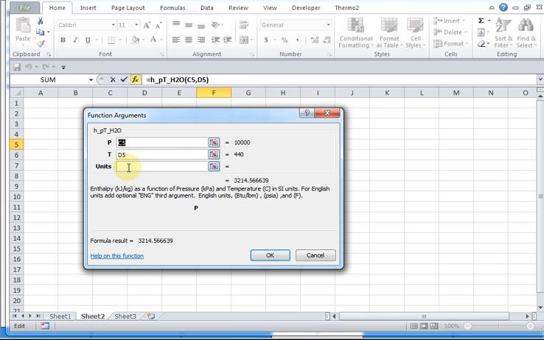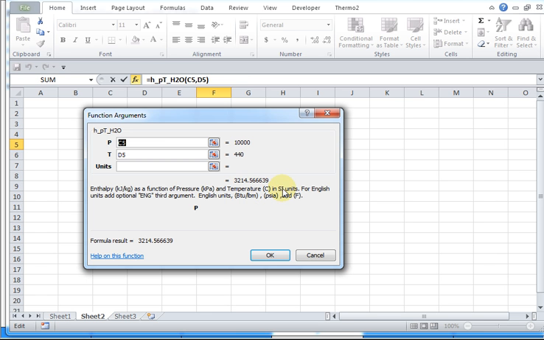And you haven't put any comma with units because you can work in English units or pounds and BTUs, but I don't regularly do that. I leave it off. And currently, if this is to be evaluated right now, it'll return a value of 2,314. And down here it'll comment, hey, enthalpy in kilojoules per kilogram is a function of pressure in kilopascal and temperature in degree C. That's the SI units.